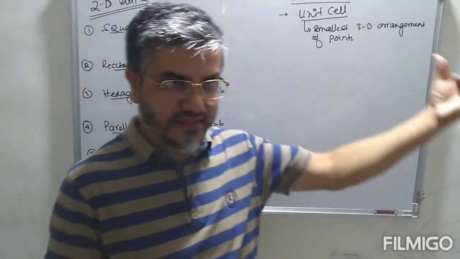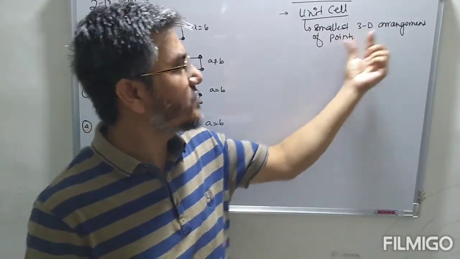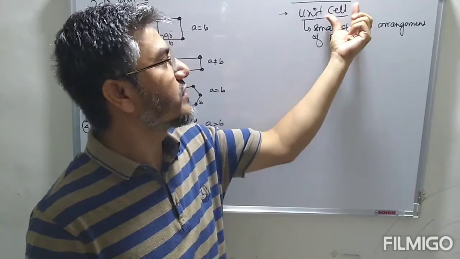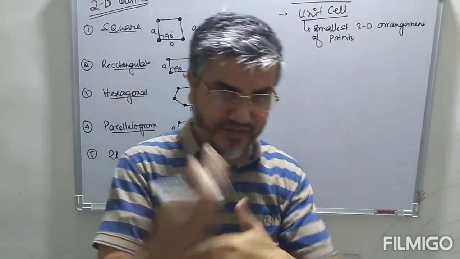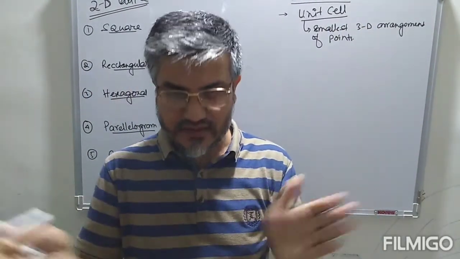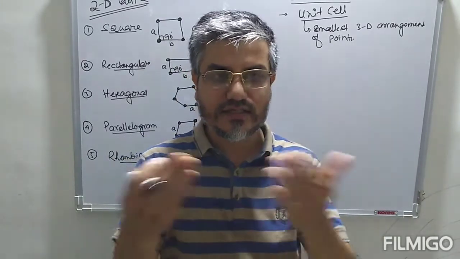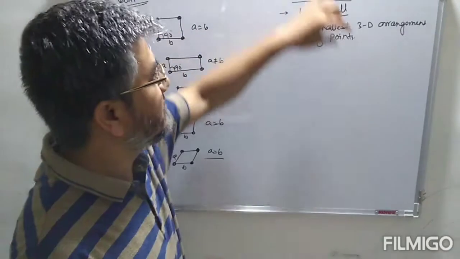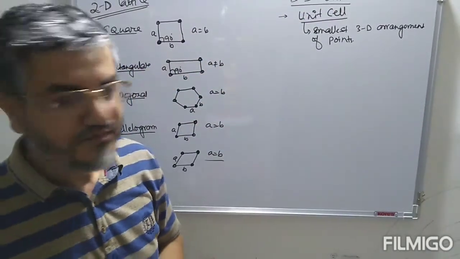So to identify the crystal, we have to identify the smallest three-dimensional arrangement of points, which is known as unit cell, then place this unit cell in all possible directions, and this gives rise to the crystal. So the property of the crystal is basically the property of this unit cell.